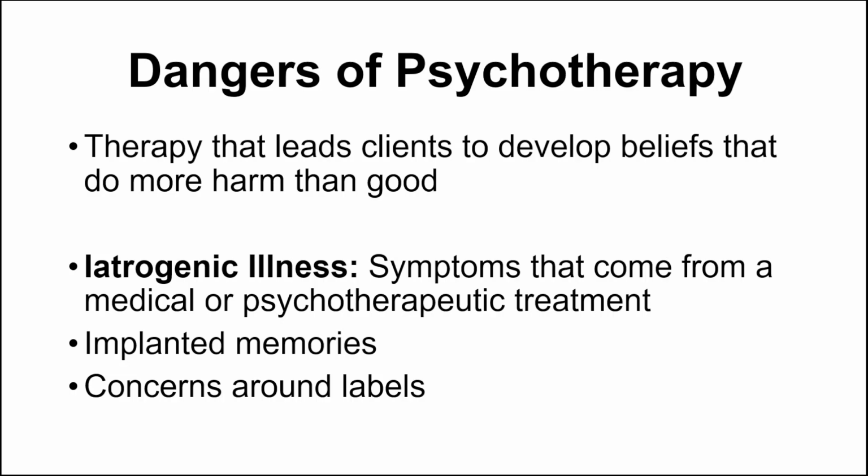This can also lead to others treating you as if you fall in that label and fulfill all the different assumed characteristics or stereotypes associated with it, which can actually end up creating equivalent behaviors. So effectively, it becomes a self-fulfilling prophecy where being labeled as something makes you more likely to behave in such a way that makes you look like you belong within the label that you have received. So that might be a bad thing, it might not be, but it's just something that gets raised often.